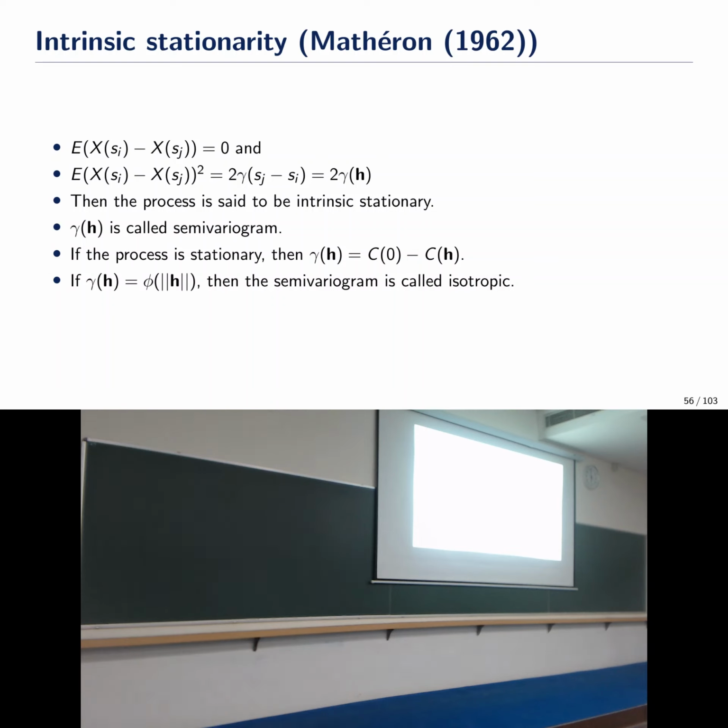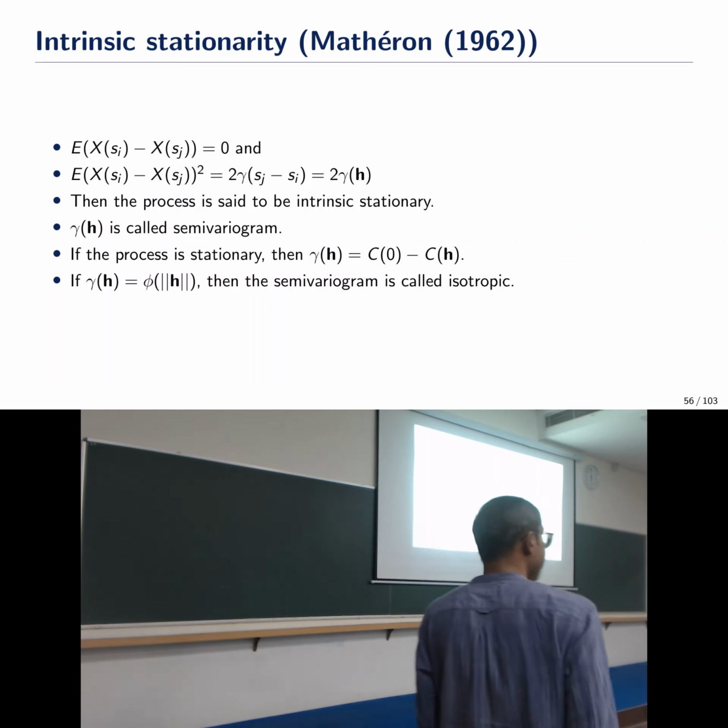But it says the variance, or the expected squared of this difference, is a function of the difference between Sj and Si. That is what we mean by the assumption of intrinsic stationarity.